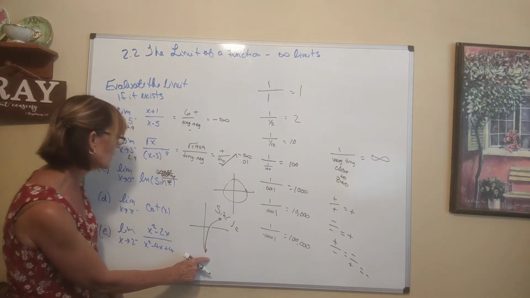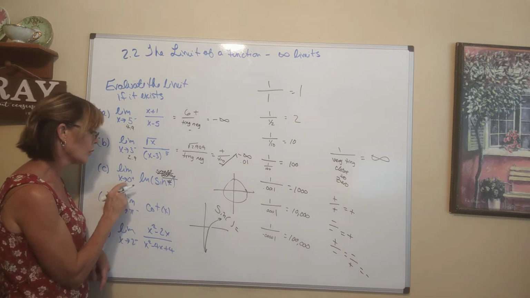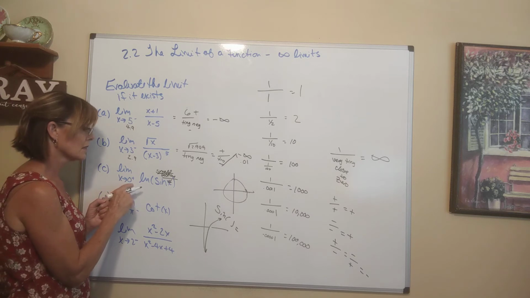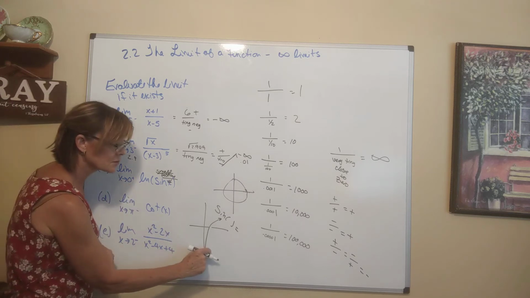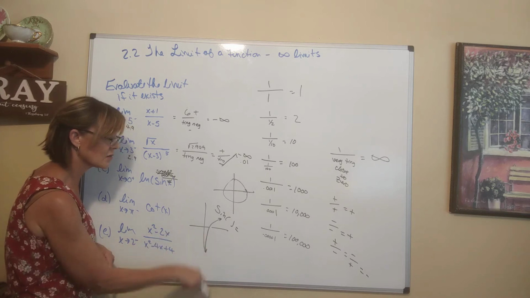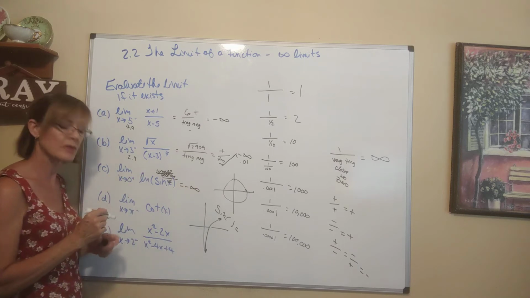We're way down here. So this is telling me that the log of the sine of x when we're taking it at 0, close to 0, is going to be something small and positive. The natural log of something very small and positive is going down at this point to negative infinity. That's how you have to think through that one.